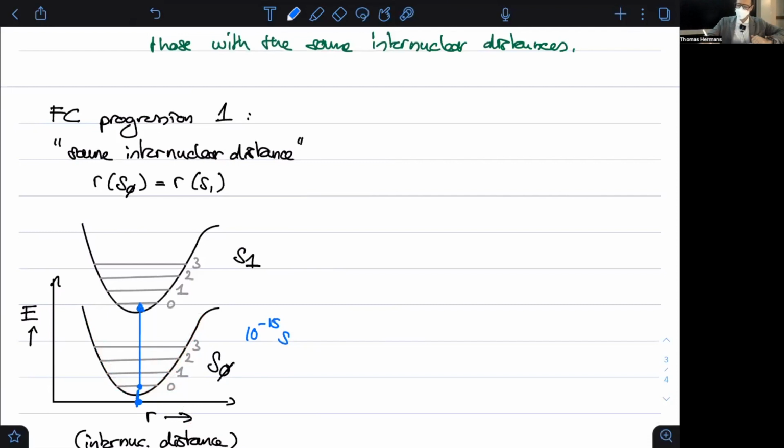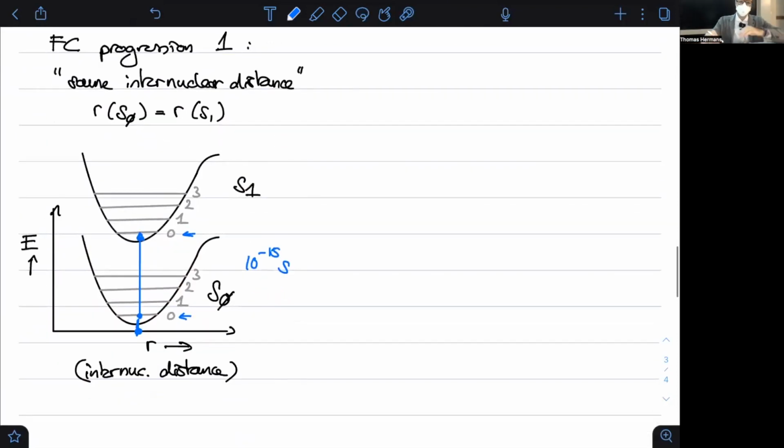So if I do that here, I go from the 0th vibrational level to the 0th vibrational level, because I will go to whatever is the lowest energy level that I can actually enter.